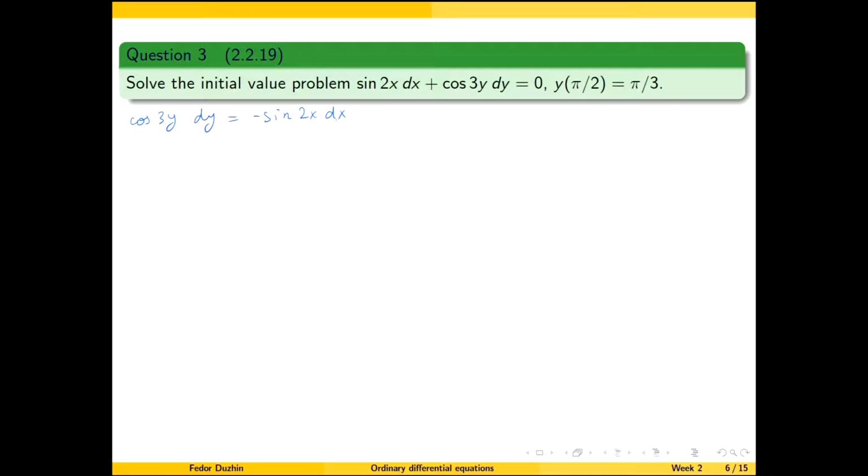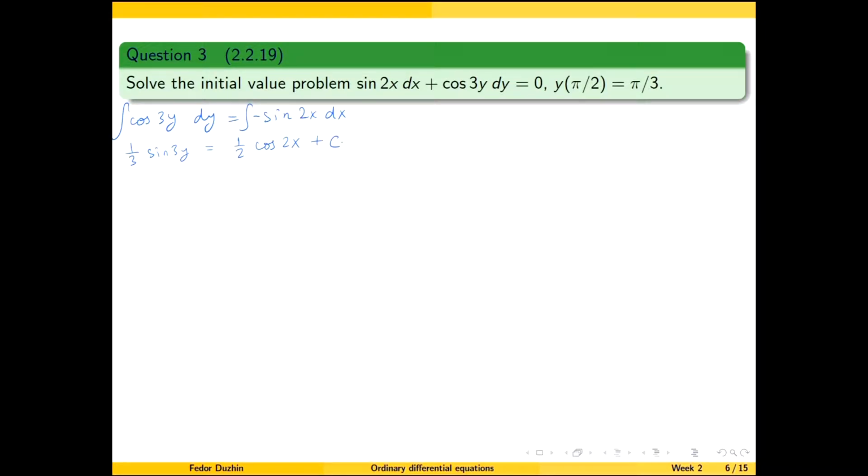So now the variables have been separated, so everything with y is on the left and everything with x is on the right. So then we do integration. So then the antiderivative of cosine 3y is 1/3 of sine 3y, and the antiderivative of minus sine 2x is 1/2 cosine 2x plus constant.